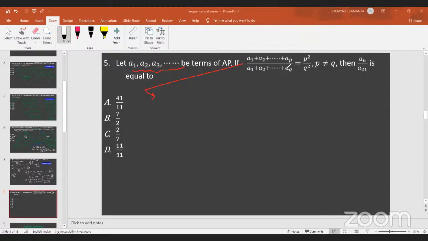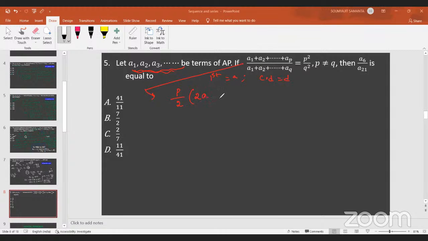A1 plus A2 plus up to AP. This is nothing but the sum of P terms. Yes or no? Yes. So P by 2 into, since the AP is the same, the common difference and the first term are the same. So let me consider the first term as A and the common difference as D. So what will be the sum of P terms?